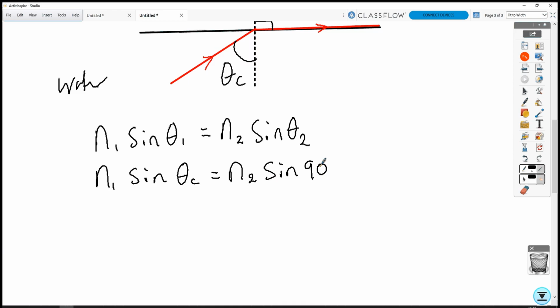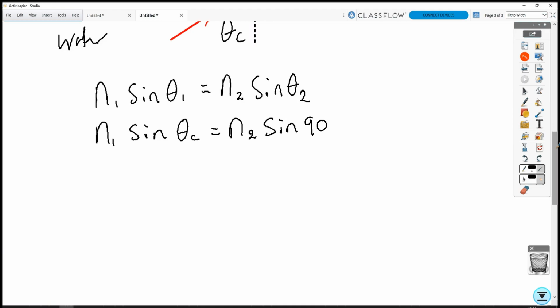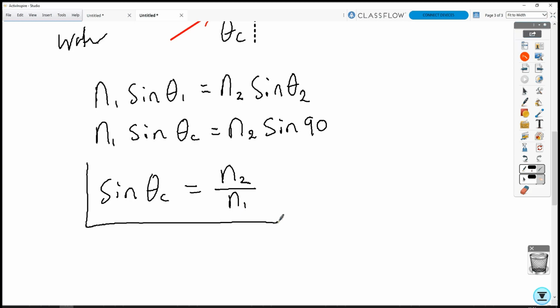Sine of 90 is equal to 1. So the equation becomes sine theta critical is equal to n2 over n1. Put a box around that.